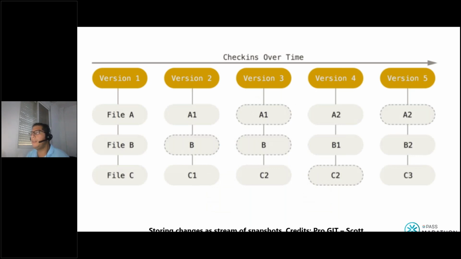I would like to mention only one thing before starting with the demo. Imagine that we have our initial version, version 1, with a group of files A, B, and C. At the end of the story, every version that we have in Git represents a snapshot of the status of the different files at one specific moment. What does that mean, Gio?